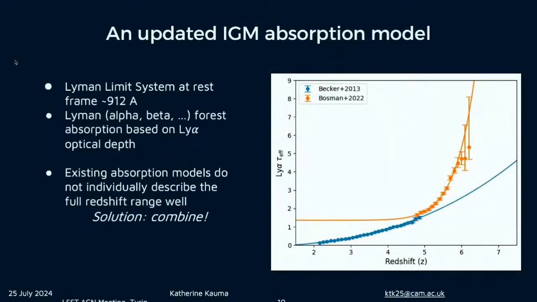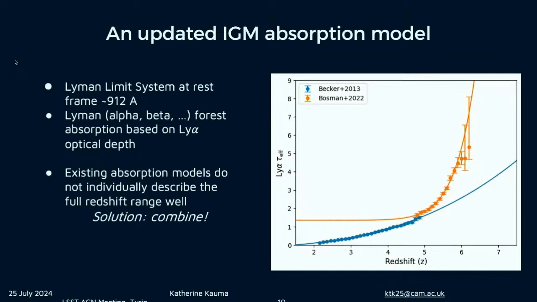So one thing that I did was, I realized when I was doing this fitting that the quasar model SEDs weren't fitting well for higher redshifts. Basically, I realized that the IGM absorption models weren't calibrated for that high redshift and needed to be updated. So in our general absorption model, we have a Lyman limit system at 912 angstroms, and the flux goes straight to 0 there.